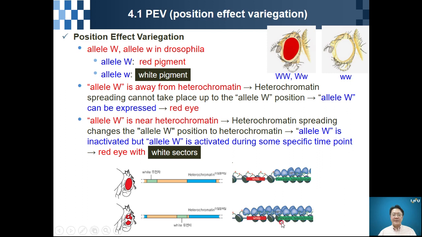In these cases, they will have red eyes with white sectors. This is what we learned as the position of allele large W, position effect variegation.